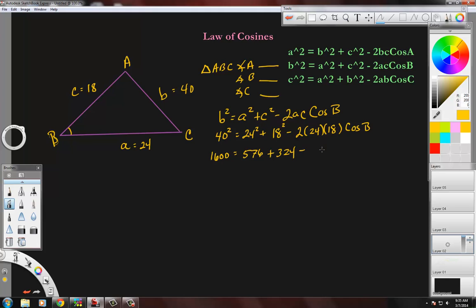You guys all know this. And by the way, 2 times 24 times 18 is 864 times the cosine of B.